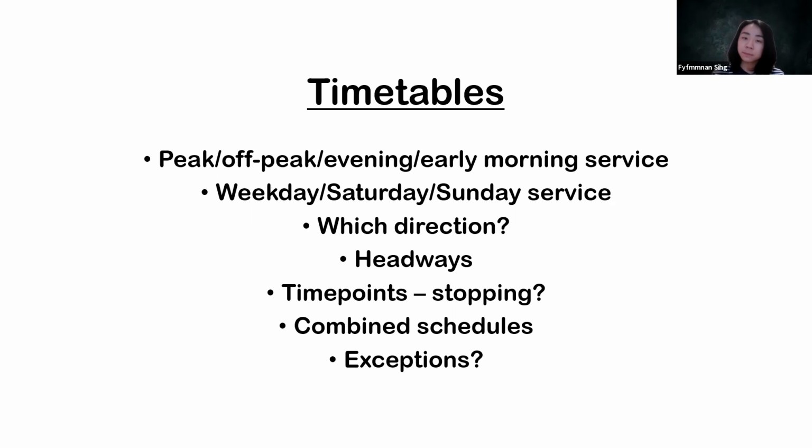So that's evening service. Early morning service is the inverse, right? It starts at the start of the service day and slowly ramps up to the peak period or the rush hour. And the assumption is that more and more people will ride transit as the morning goes on and it eventually morphs into the peak period.